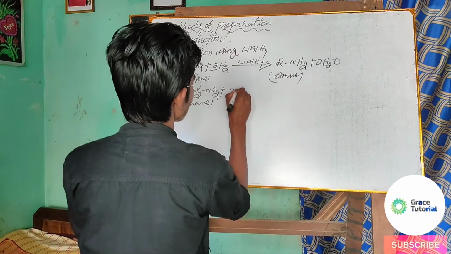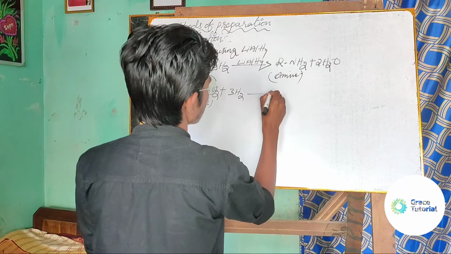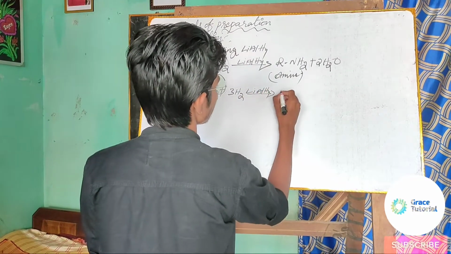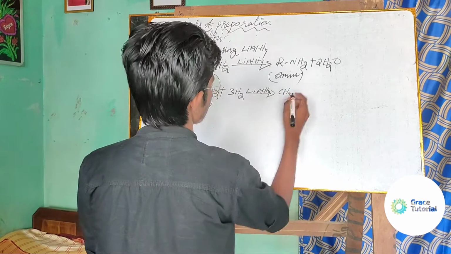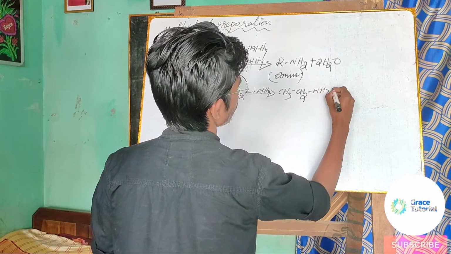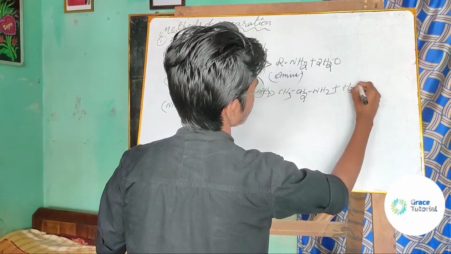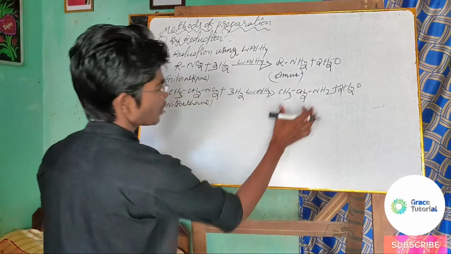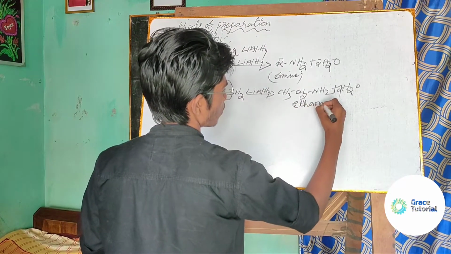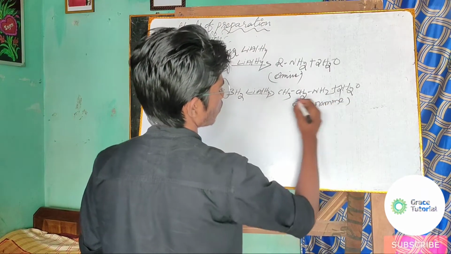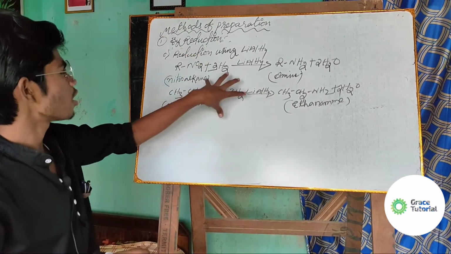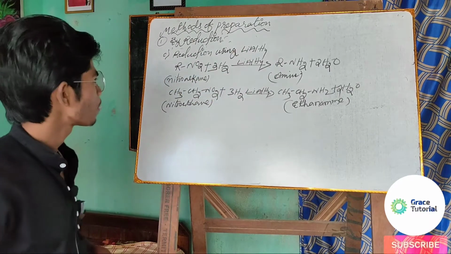So when this nitroethane gets reduced in the presence of lithium aluminum hydride, then CH3CH2NH2 plus 2 water. That means ethanamine is formed. So this is all about the first method, that is by reduction.